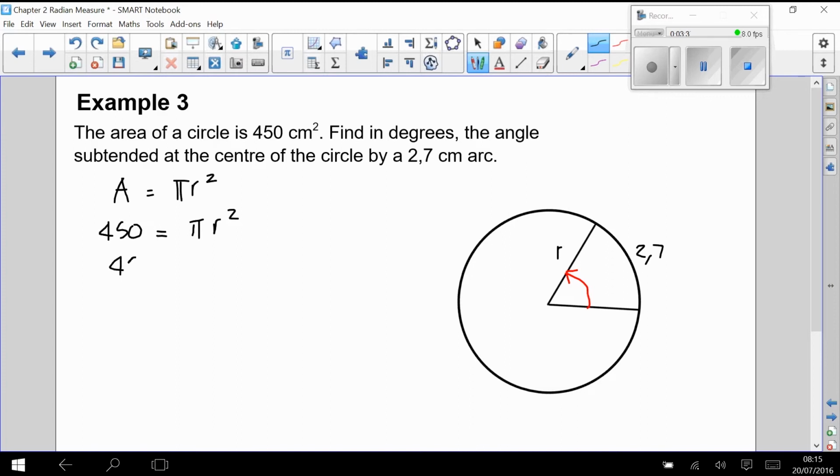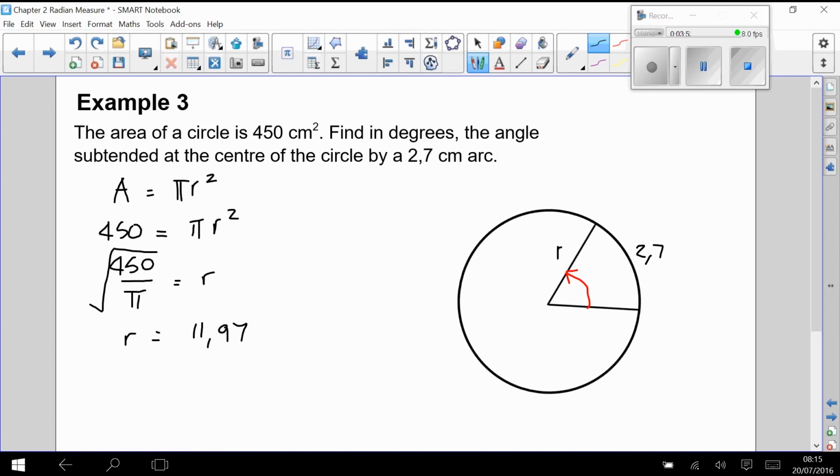If I know that the area is 450, then I can find the radius. Dividing 450 by pi and finding the square root, I in fact have the radius. So the radius for this particular circle is going to be 11,97 centimeters.